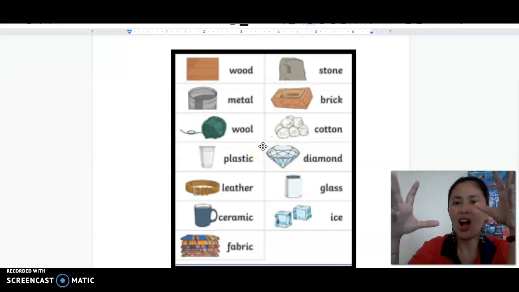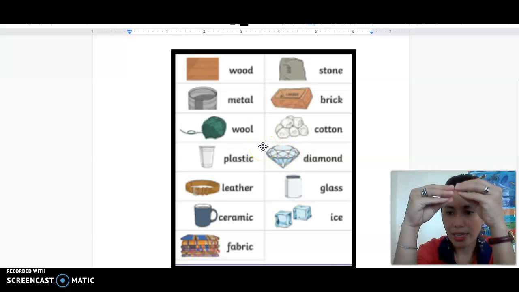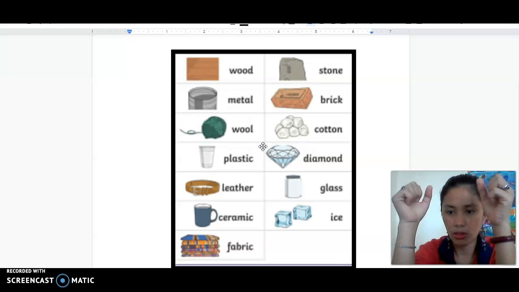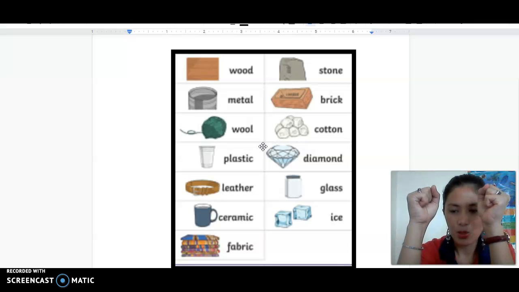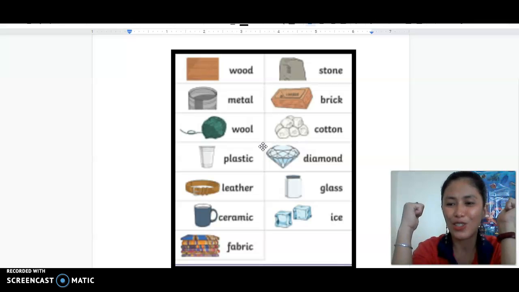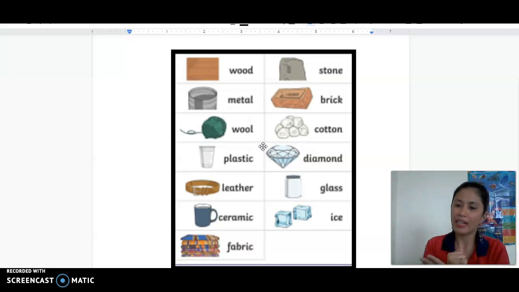Again, hard is difficult to squeeze. If you want to smash it, you need to be very strong, and you might need some other tools or materials to break something.